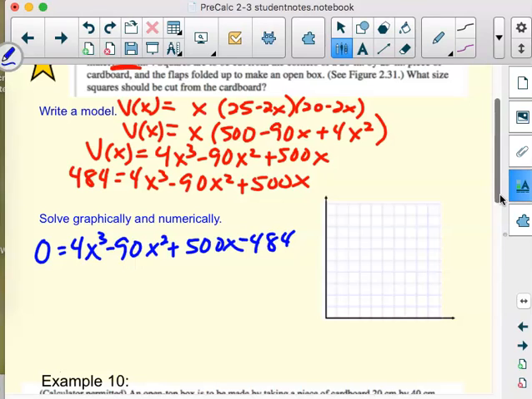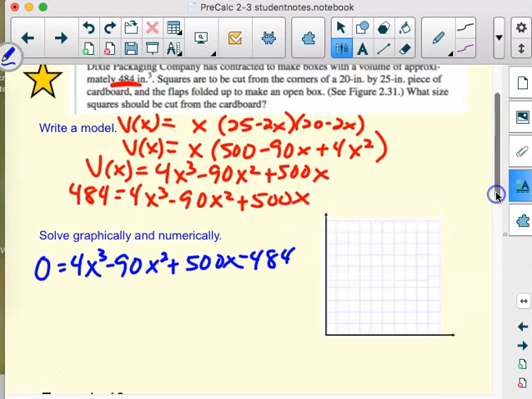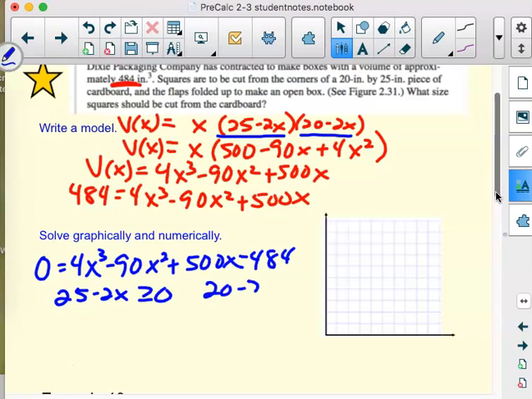And part of that is going to be thinking about, what should I have for x's and what should I have for y's? And we did discover before that that comes from a more in-depth thinking of what's going on with those factors. So we want to make sure that all of those factors are 0 or higher. So 25 minus 2x needs to be greater than or equal to 0, and 20 minus 2x needs to be greater than or equal to 0, or we're not going to have a box.